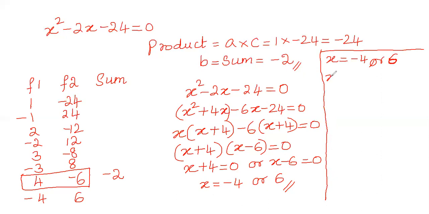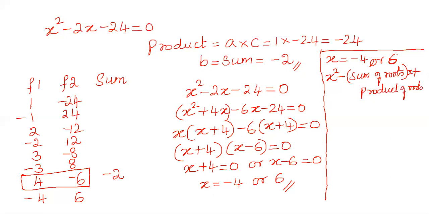Now the general form is x squared minus the sum of the roots times x, plus the product of the roots, equal to 0.